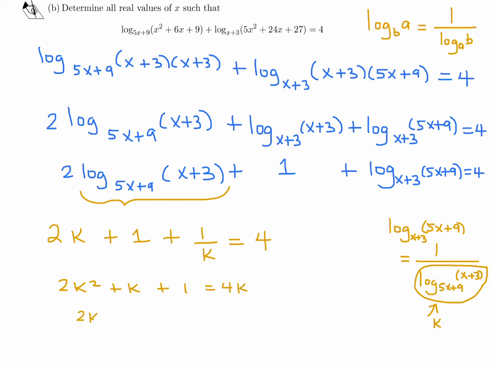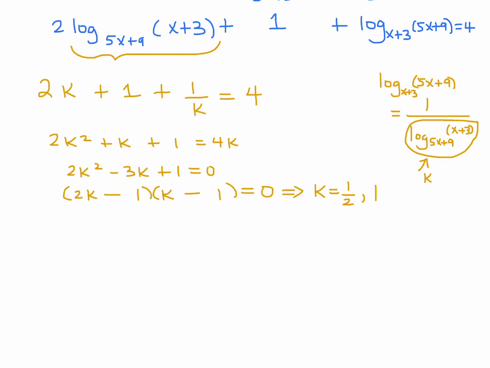And then this becomes 2k squared minus 3k plus 1 is equal to 0. And we can, of course, factor this. And we get 2k, k, 1, 1, and minus, minus. Yeah, that'll do it. And this gives us very helpful solutions that k is either equal to 1/2 or it is equal to 1. And remember, I had denoted this as my k, so now all I have to do is just solve that.